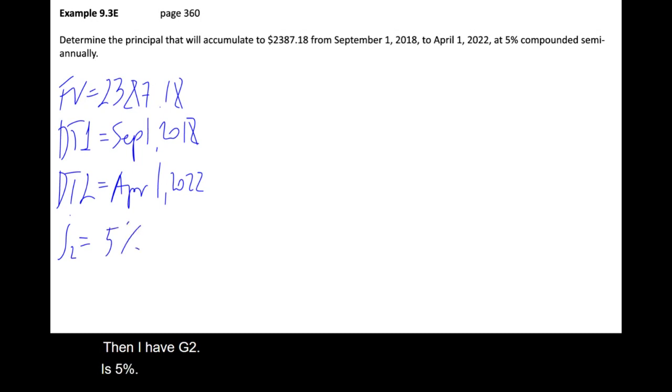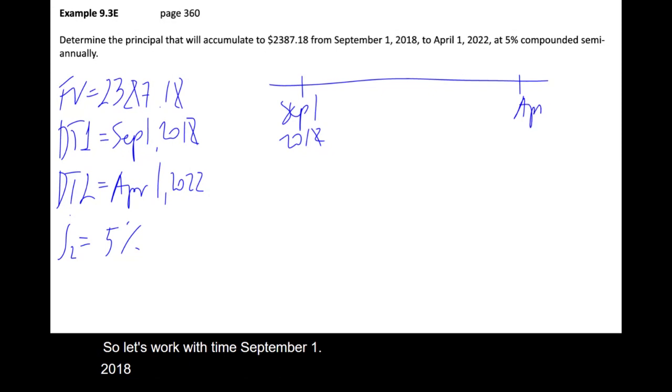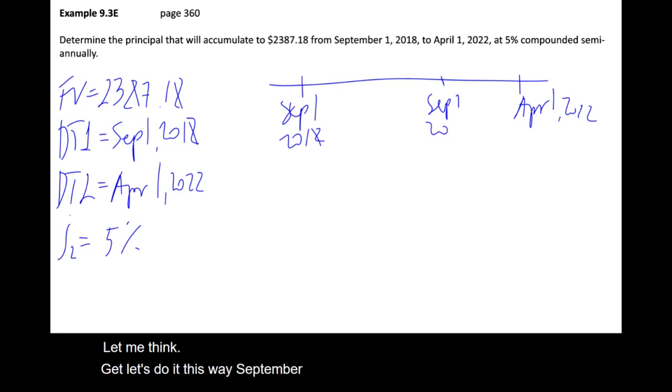Okay, so let's work with time. September 1, 2018, April 1, 2022. Okay, let me think. Okay, let's do it this way. September 1, 2021, right?